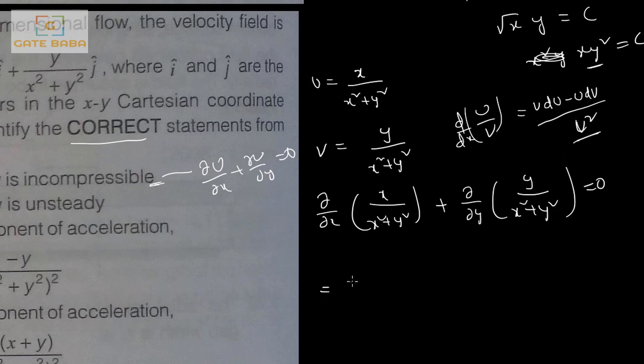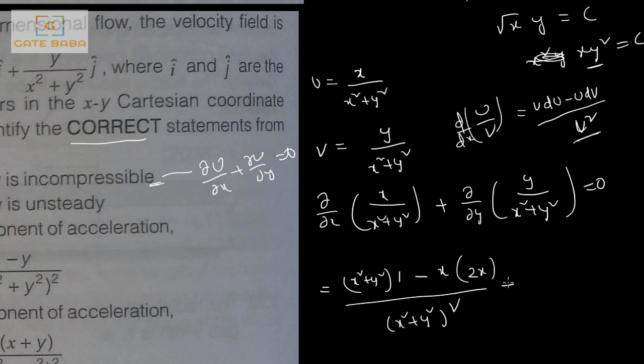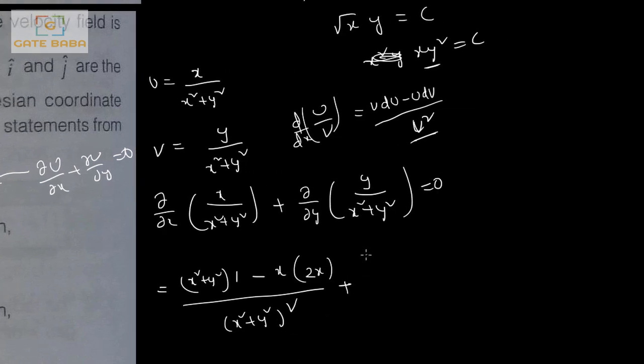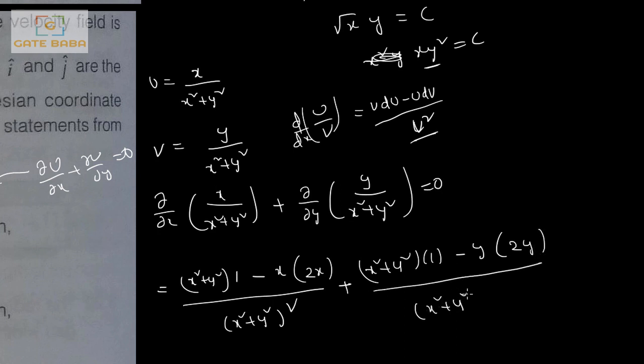So that means (x²+y²) times the differentiation of the numerator, that is 1, minus x multiplied by the differentiation of the denominator, that is 2x plus 0, divided by (x²+y²) whole square, plus here again the u by v formula: (x²+y²) multiplied by 1 minus y multiplied by 2y, divided by (x²+y²) whole square, that is equal to 0.